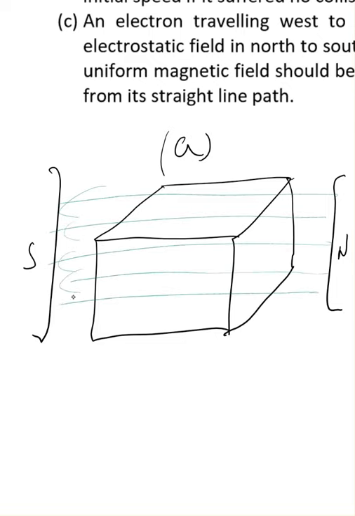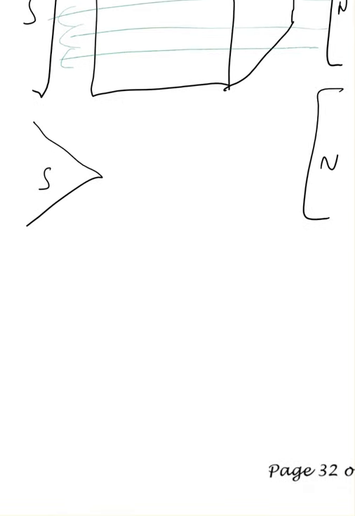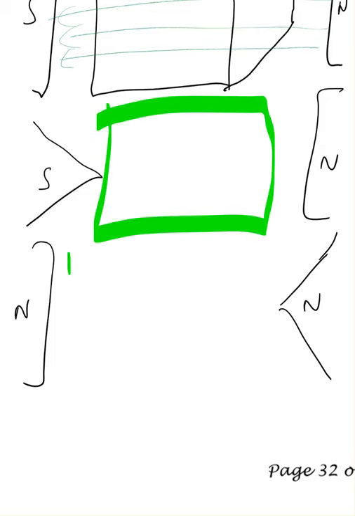You can have different situations like you can have this sort of situation and then the field will be non-uniform. You can have this sort of situation and then you will see your non-uniform magnetic field in this region.